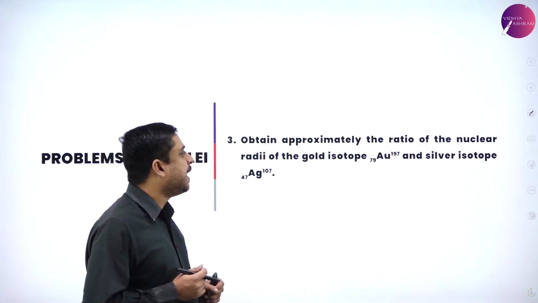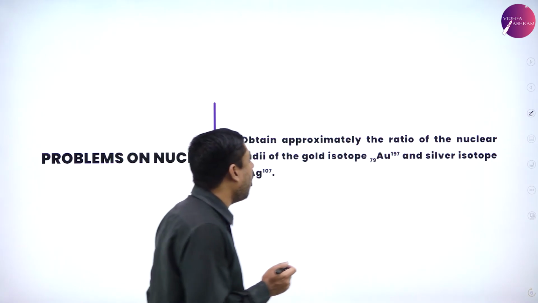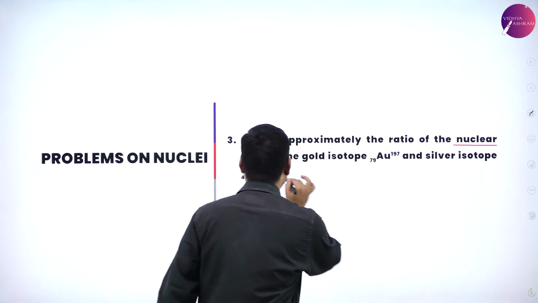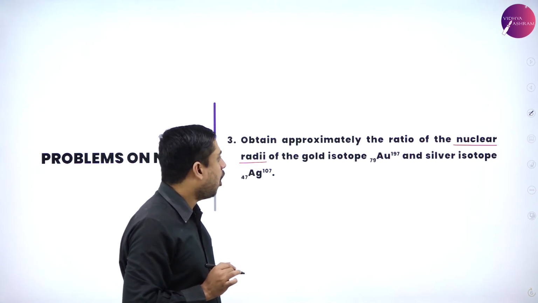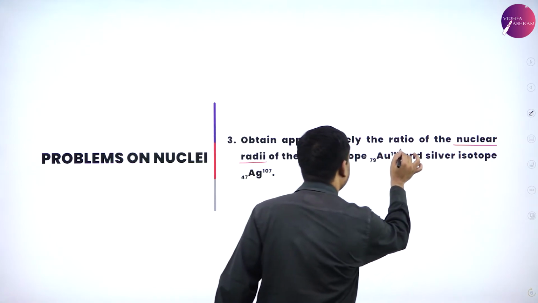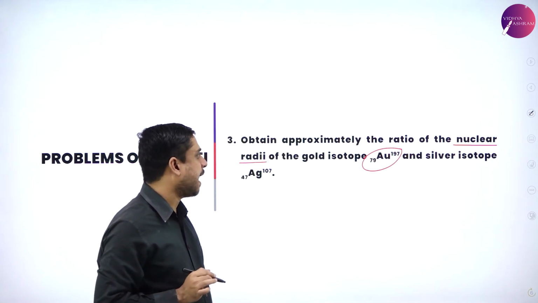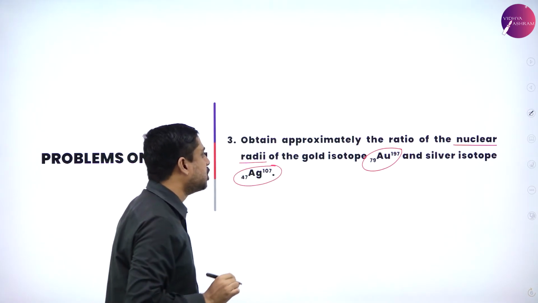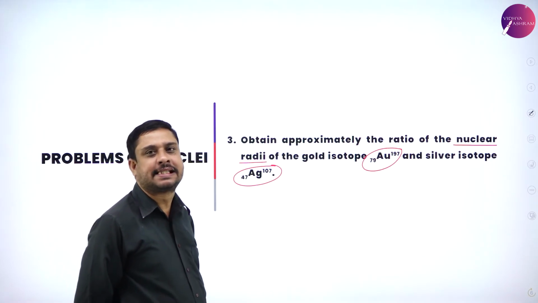Obtain approximately the ratio of the nuclear radii of the gold isotope Au-197 and silver isotope Ag-107.